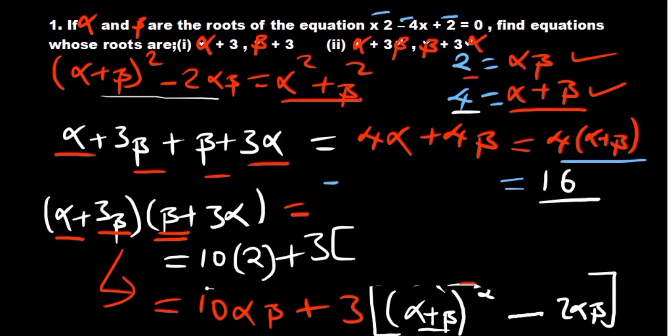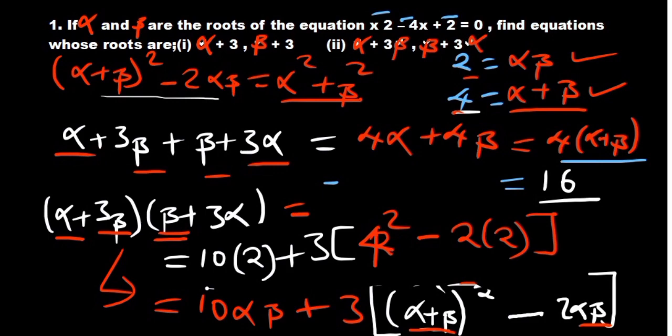And it's squared. So it's 4 squared minus the other part, we have 2 multiplied by alpha beta, which is a 2, so we have a 4 there.